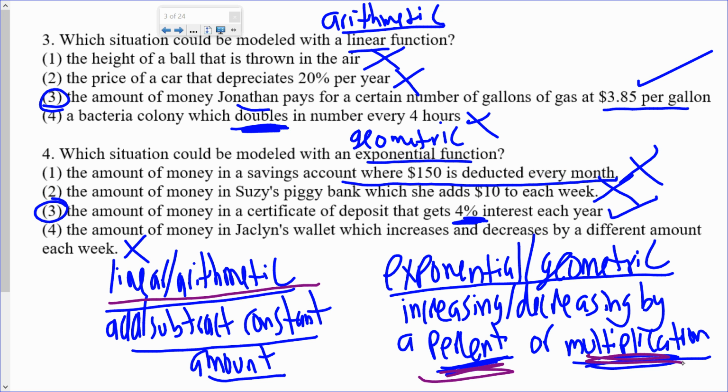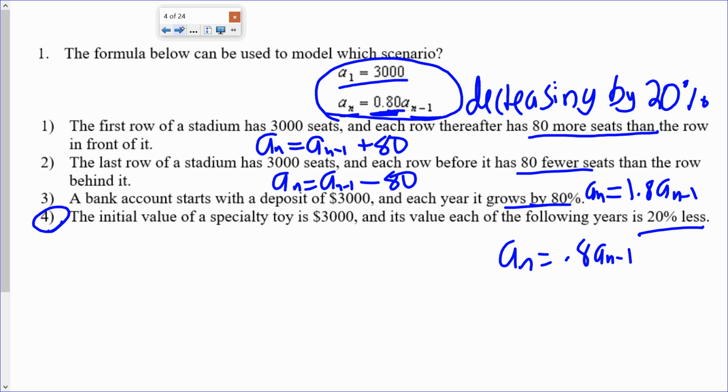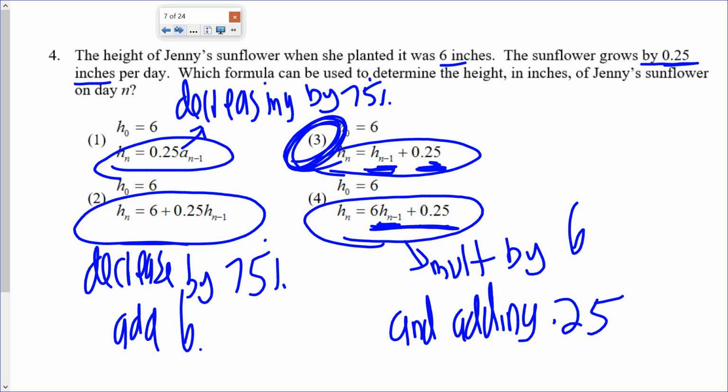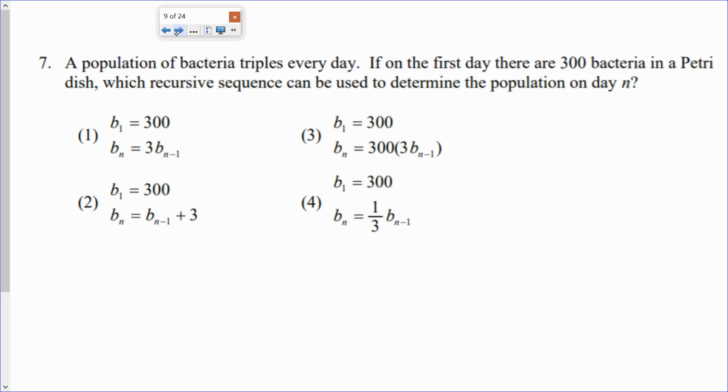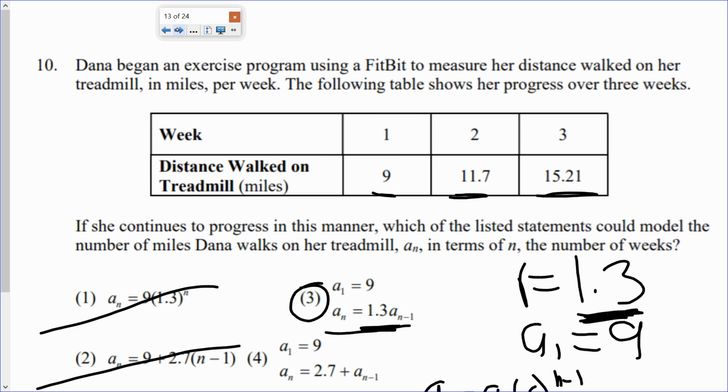Doubling, tripling, a third would always be exponential or geometric. From there, we put it all together. If I see 0.8 in front of something, I know it's maintaining 80%, so it's decreasing by 20%. We set up a lot of those types of things here.